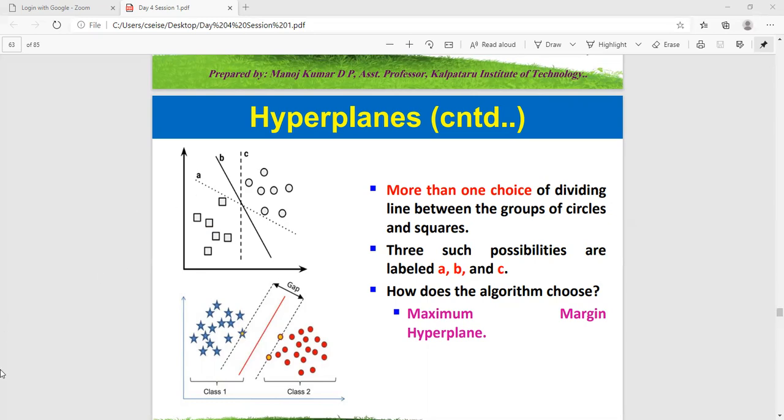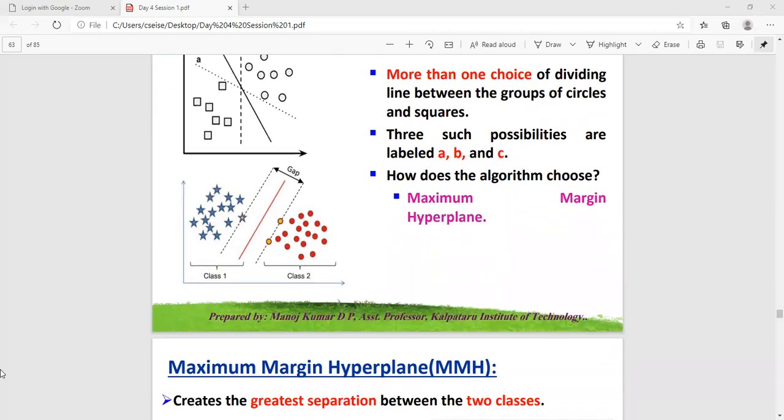So how does the algorithm choose? It chooses the maximum margin hyperplane. To choose the hyperplane, it uses the maximum margin. Which one has the maximum margin between one group and the other group, that is the one we consider.